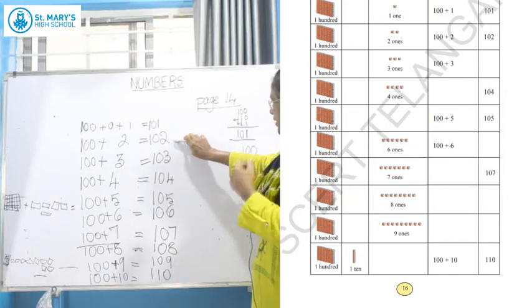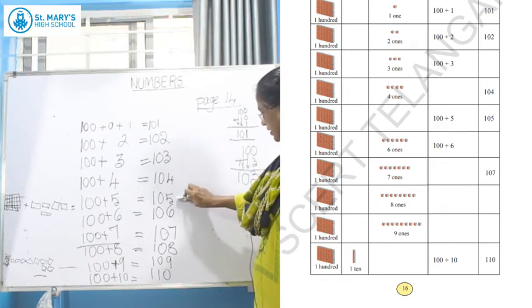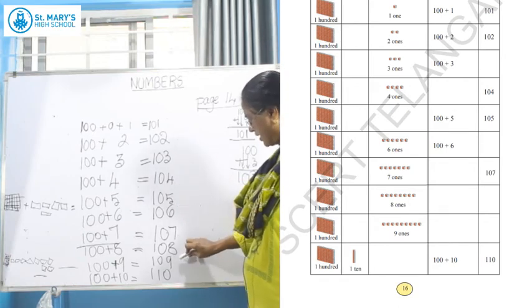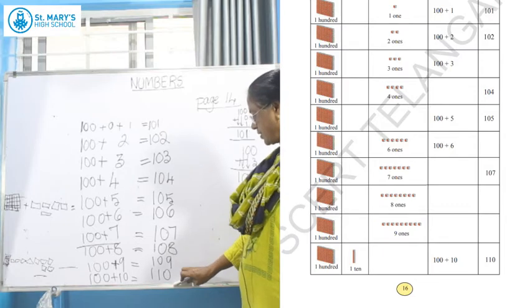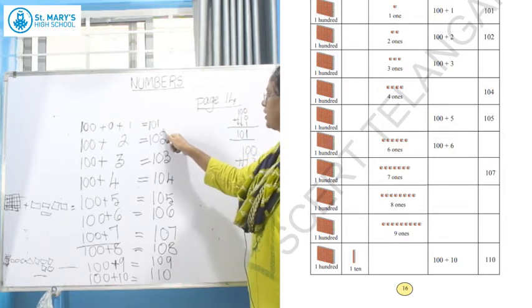Come on, repeat the numbers now. 101, 102, 103, 104, 105, 106, 107, 108, 109, 110. How do you say properly? 101.